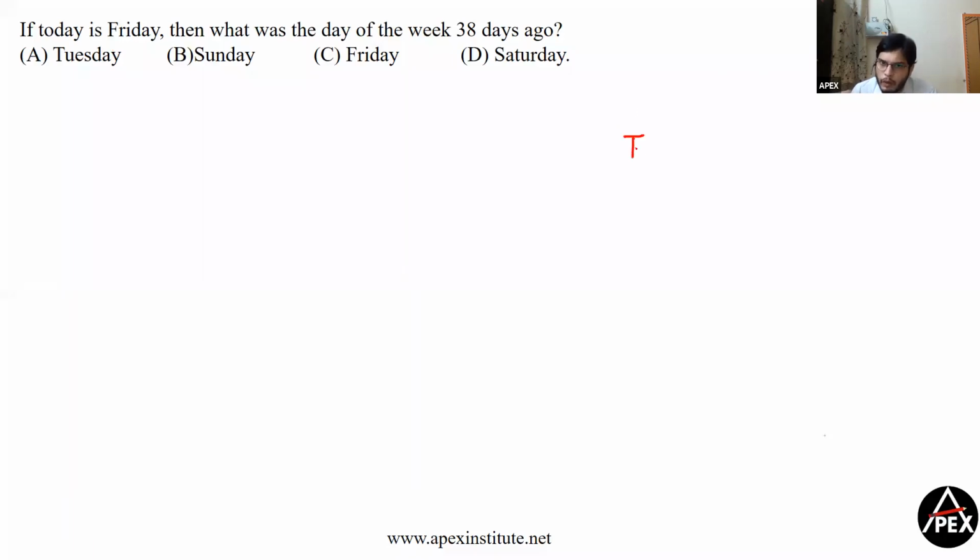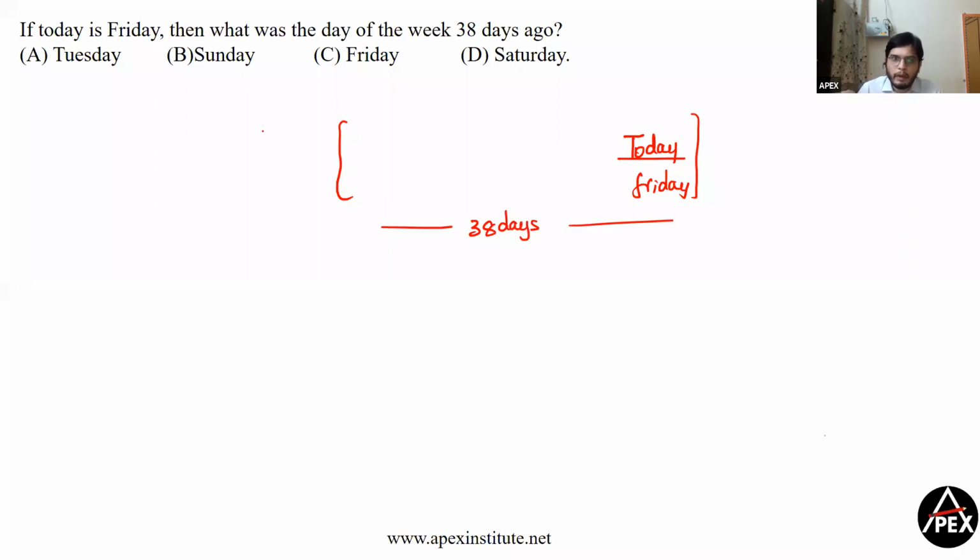So today is Friday. What day of the week is 38 days before? You need to determine this day; let this be X. Do we have 38 complete days or 37 complete days?